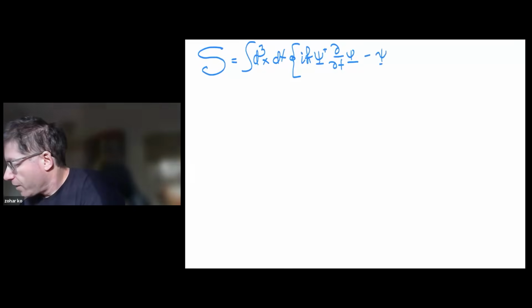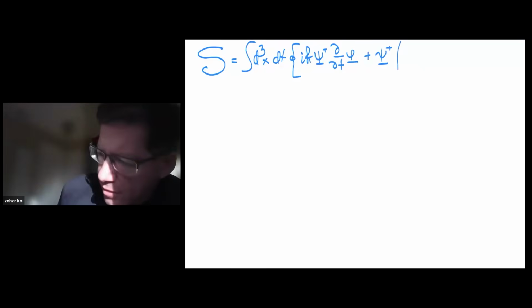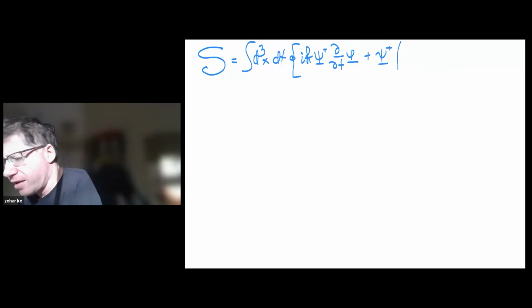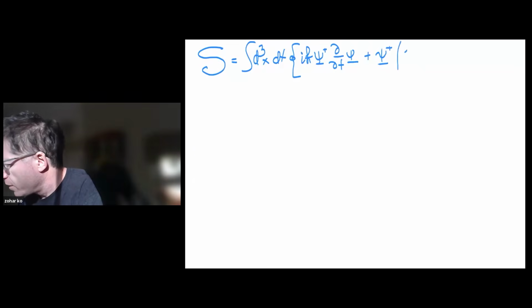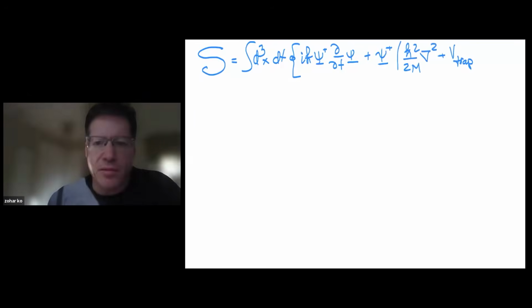And then we have the usual kinetic term. That's a weird choice of sign. I'll put plus here. And then I have h bar squared over 2m nabla squared. This is the trap, or the bucket. Instead of calling it a bucket, I'm calling it a trap now.